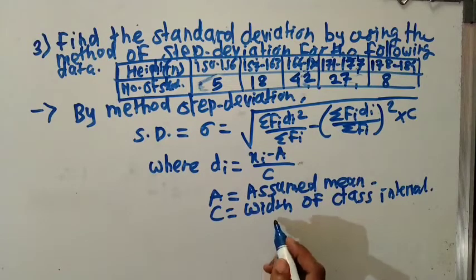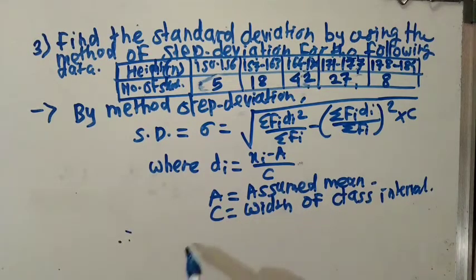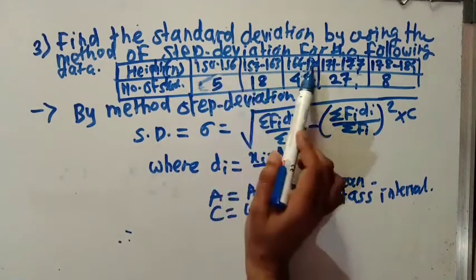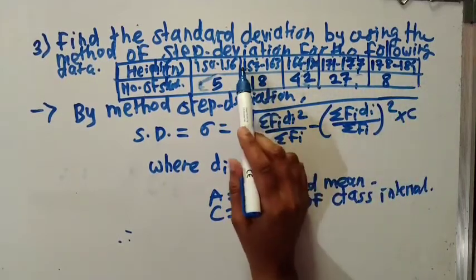C means the width of the class. But are these class intervals continuous or not?